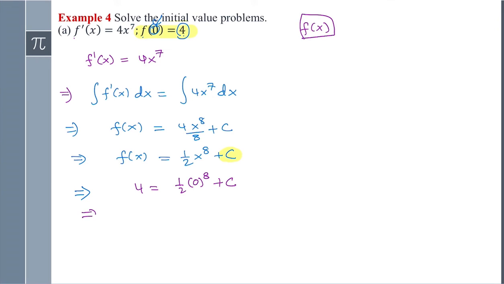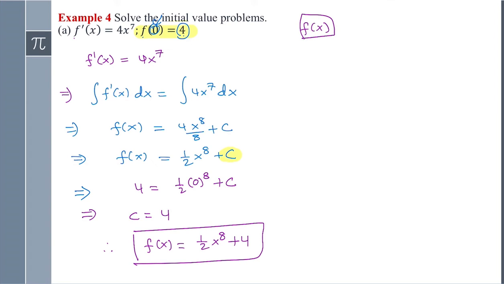Now that gives us c equals 4. Therefore, we have f of x equals 1 half x to the 8th plus 4, because the value of c is 4. This is the particular function that we are looking for based on that given condition.